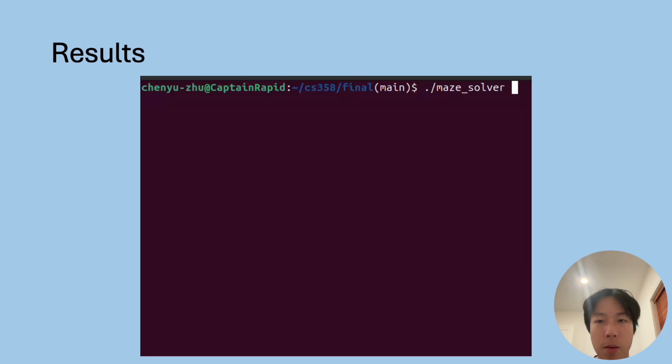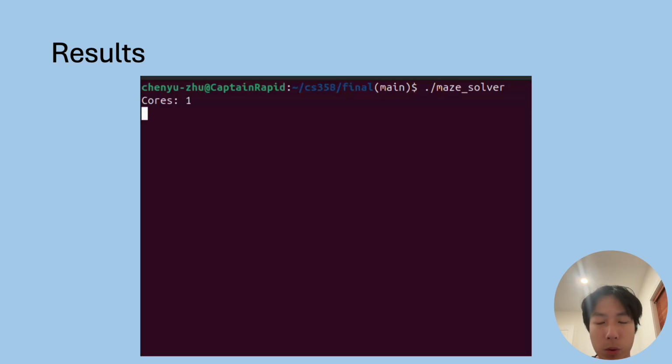So this is a demo of the parallelized code. I set the maze a little bit larger so that we can have a clearer idea of how much it speeds up.